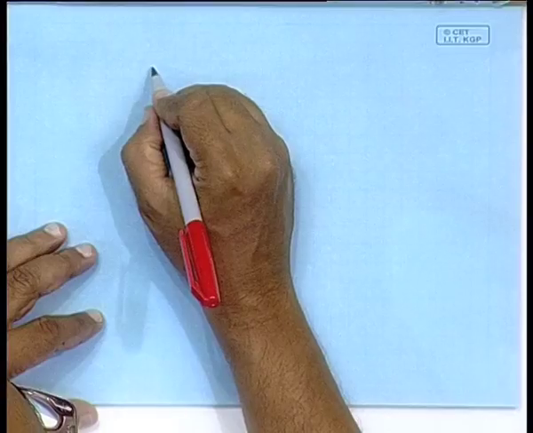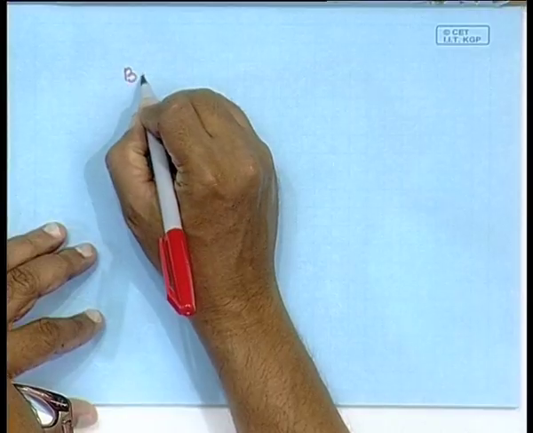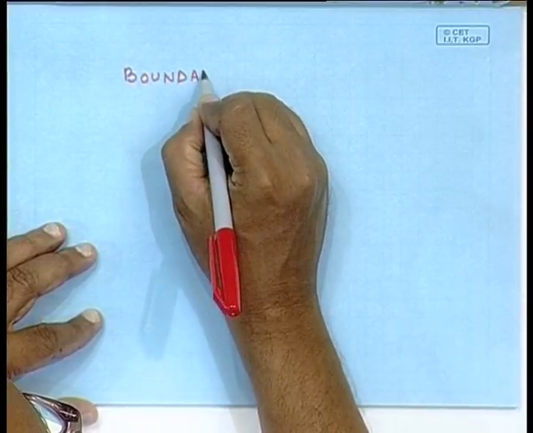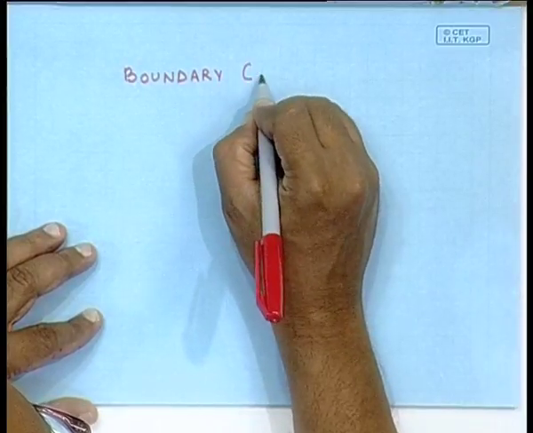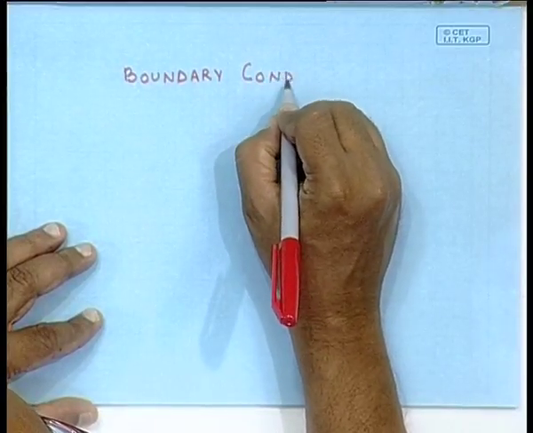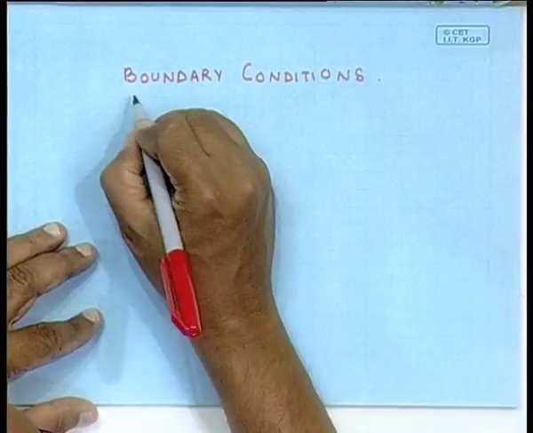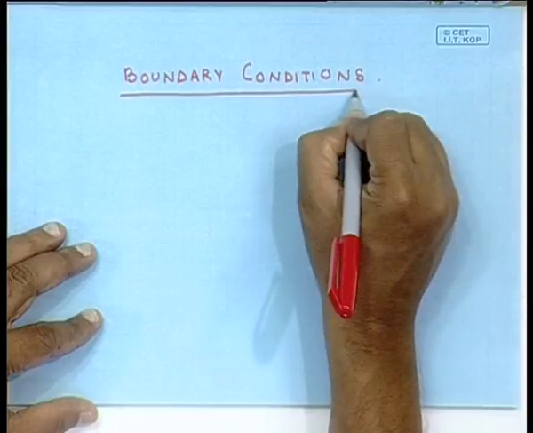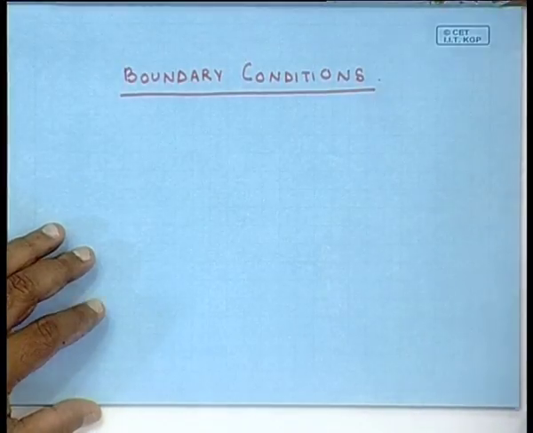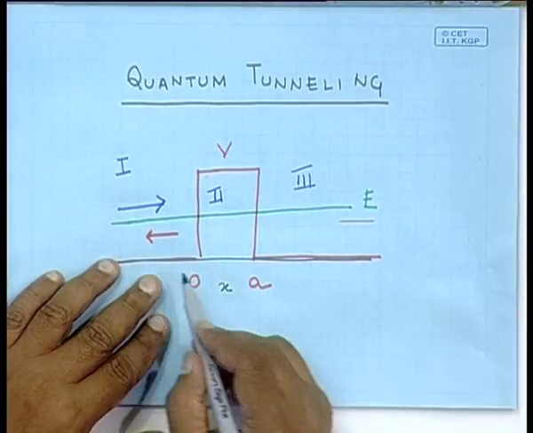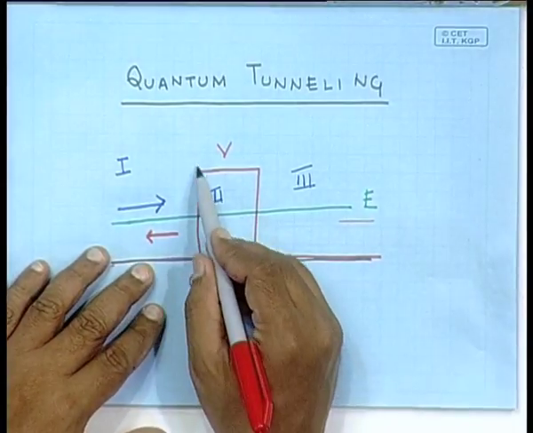So, let me write down the boundary conditions. The first boundary condition, as I mentioned, is that the wave function should be continuous across this boundary.